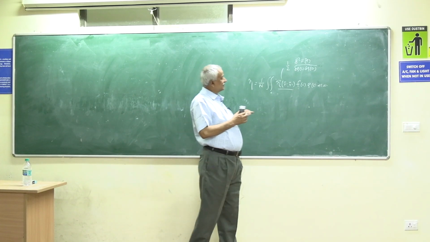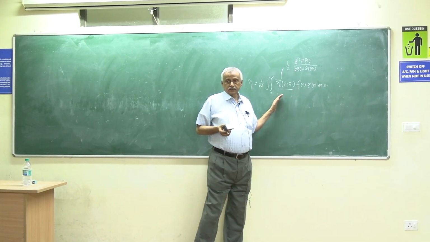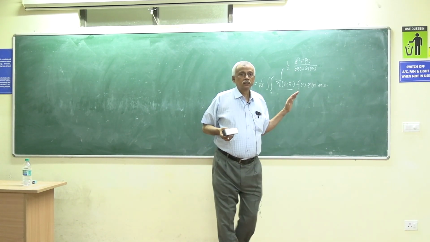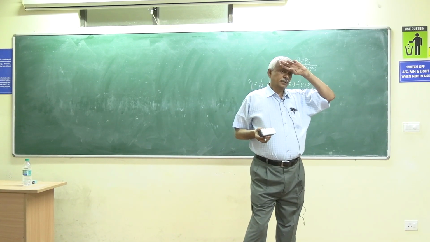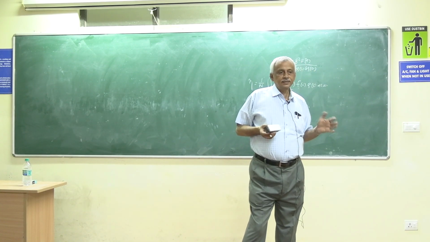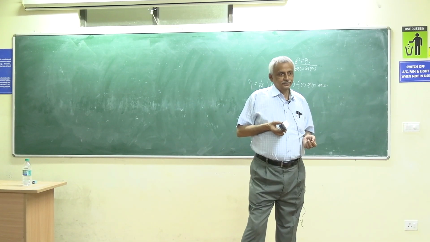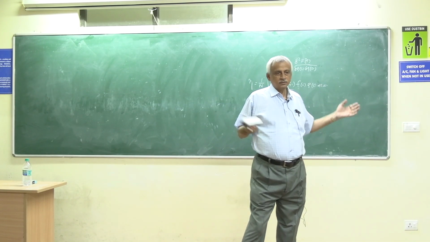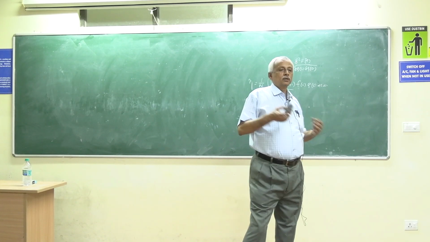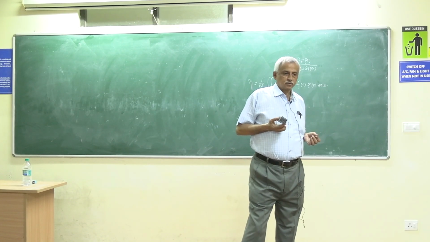And as we have learned from DFT, any property can be written as a density functional. So the reactivity descriptors also, in principle, are density functionals, and we can write them in that form.